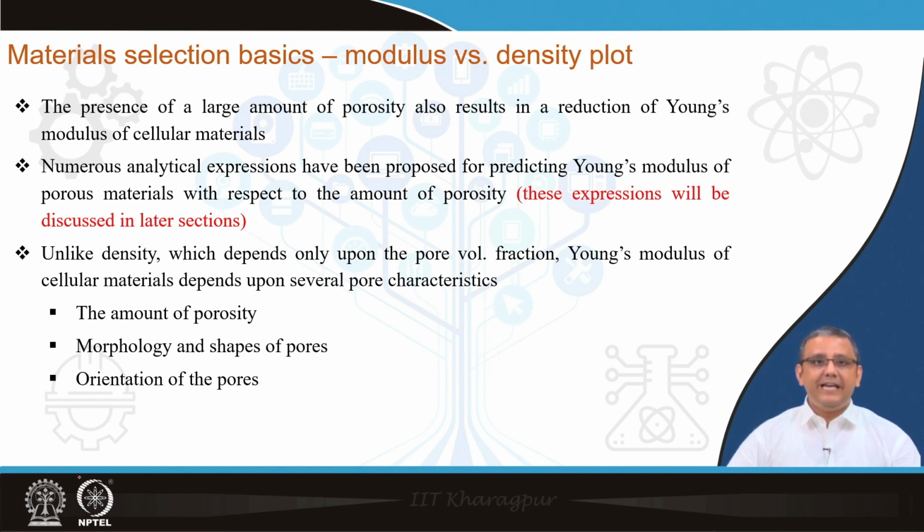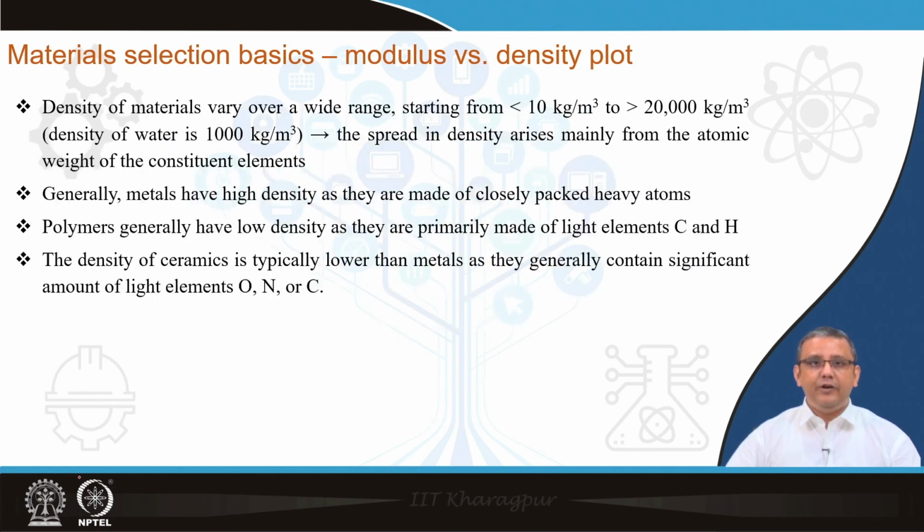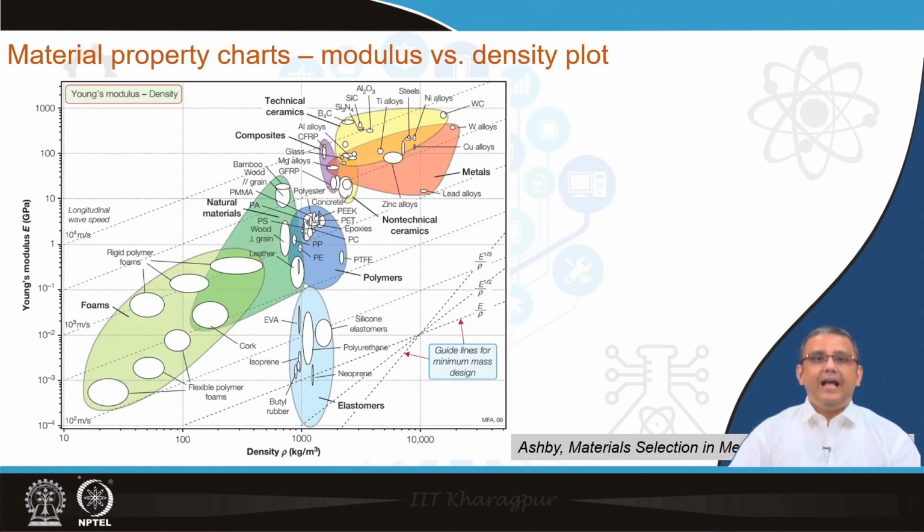So, as you have seen from the previous graph already, if we go back to the plot once again, as you can see, the Young's modulus of the cellular solids like foams are very low, and this is because of the fact that again the bulk phase in these cellular solids is air, and because of this filling of air, the cellular solids also possess a low density.